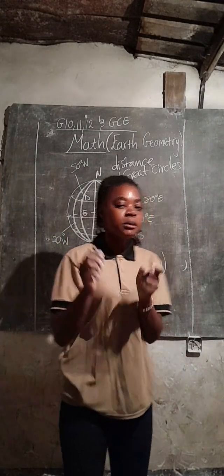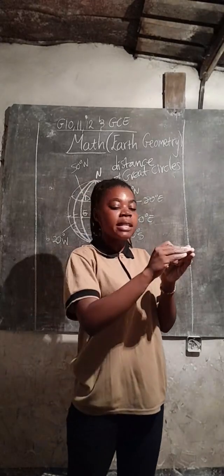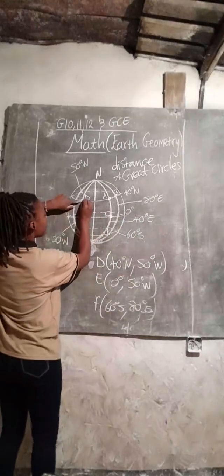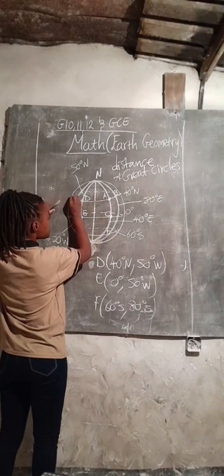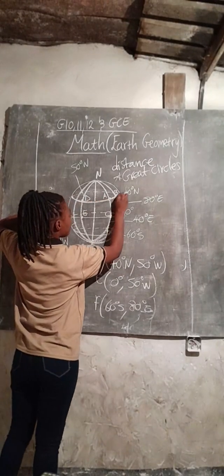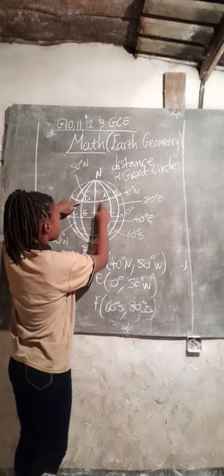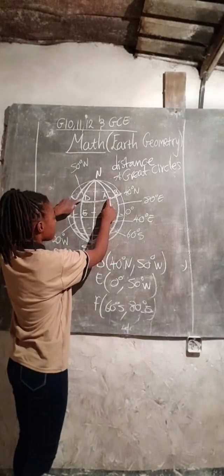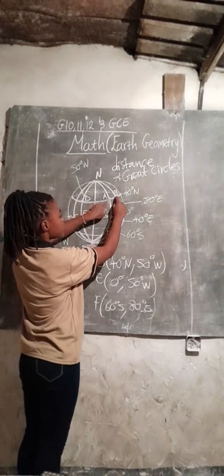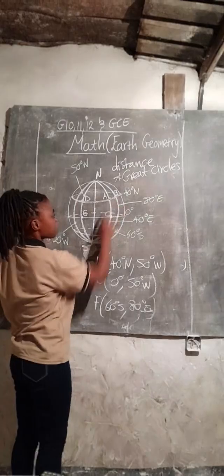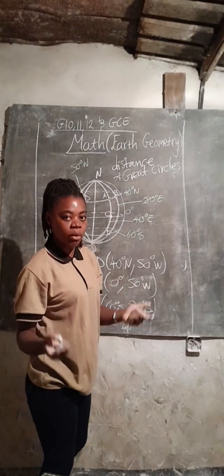If they tell you to calculate points that are sitting on the same latitude, example, we have point D and point A. They're sitting on this same line here. This one is a small circle. Small circle here, point A and point D. Even point A and point B, they're on the same latitude, this one. So they're small circles.